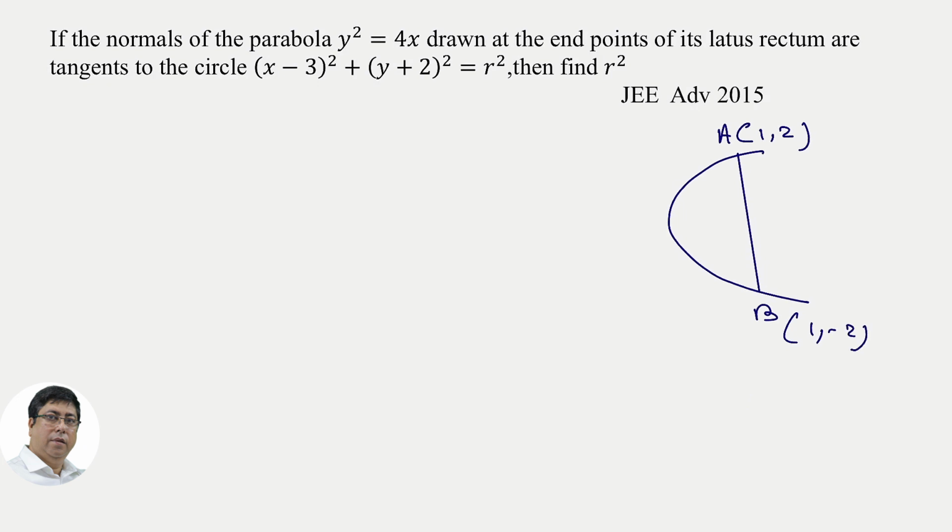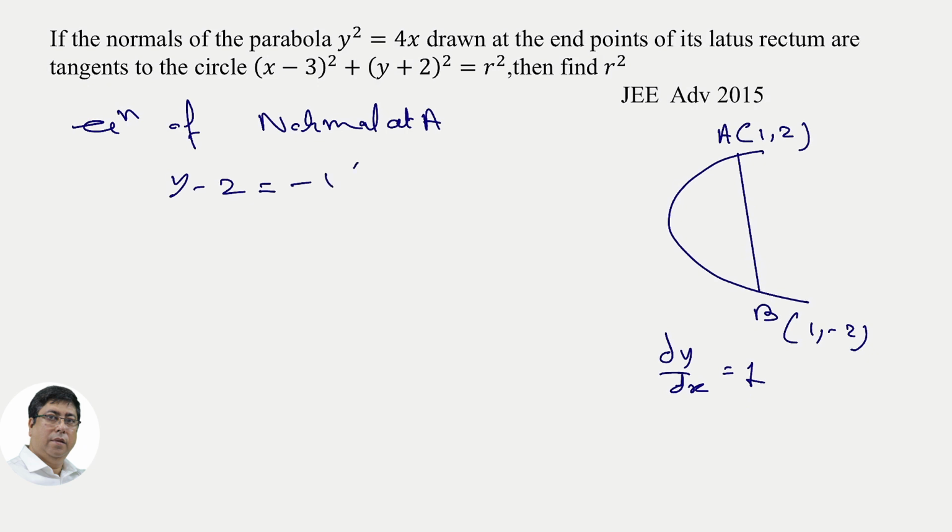So in this case, we can do one thing: if we do dy/dx, we are getting 1. Therefore, the equation of the normal at point A is y - y1 = -(dx/dy)(x - x1).